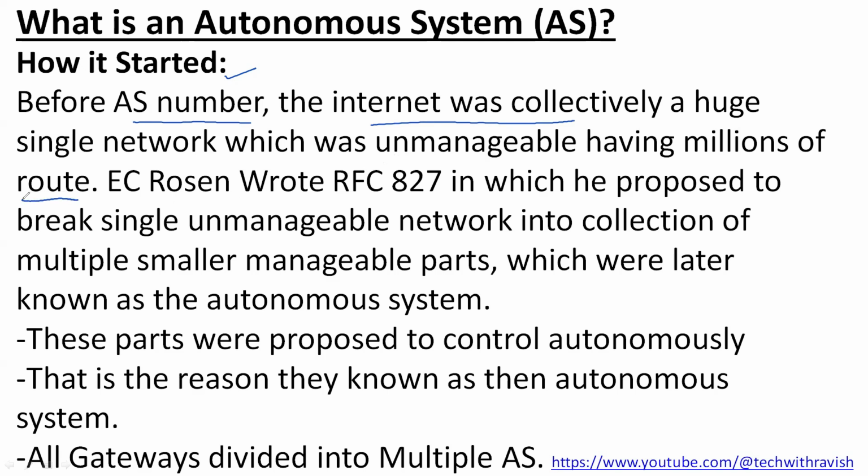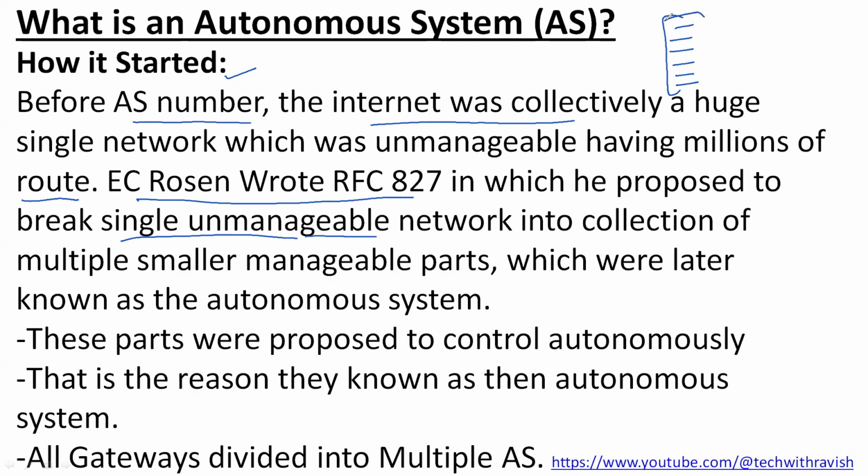That means a single routing table had all the IP addresses globally, accessible throughout the world. E.C. Rosen wrote an RFC in which he proposed to break a single unmanageable network into a collection of multiple smaller manageable parts.